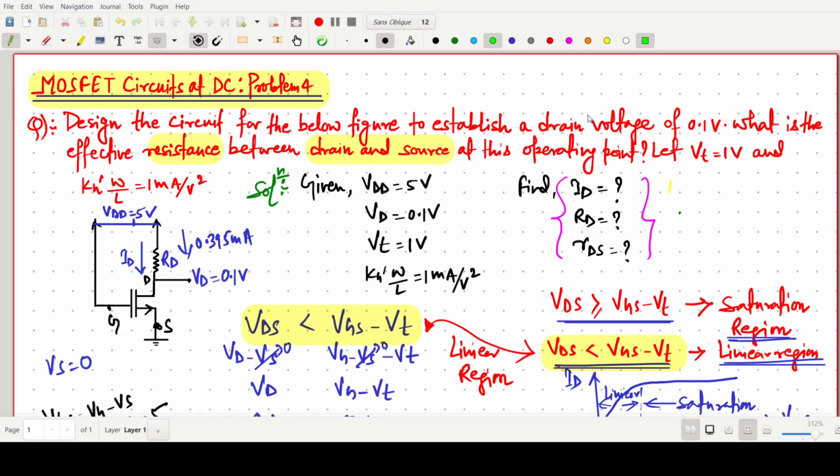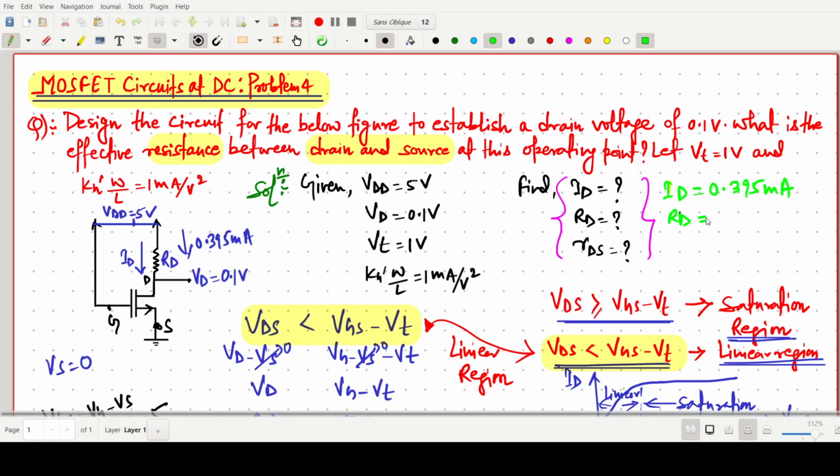The value of ID is around 0.395 milliampere. We can also write in micro. So RD value is around, after solving, 12.40 kilo ohm. Okay, and RDS value will be nearly 253 ohm.